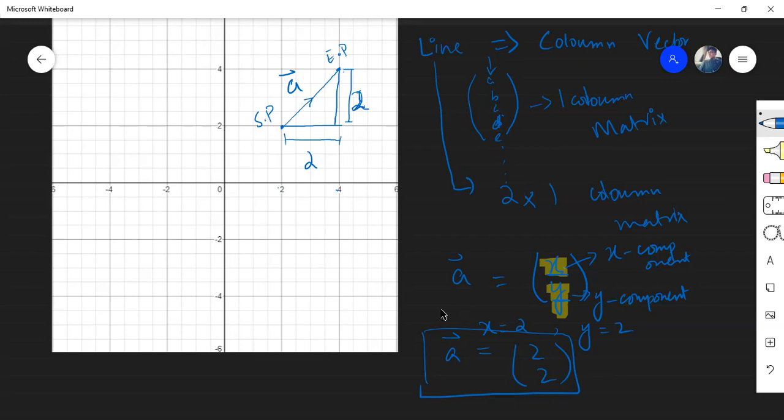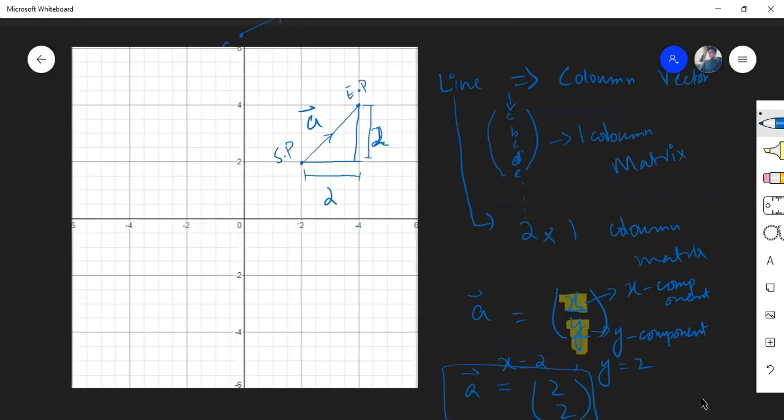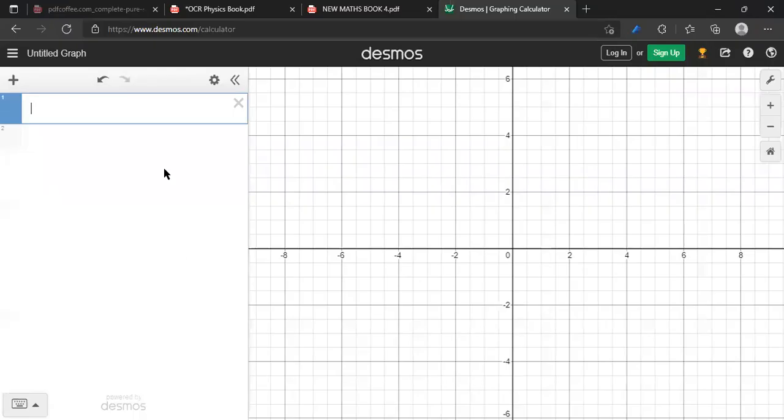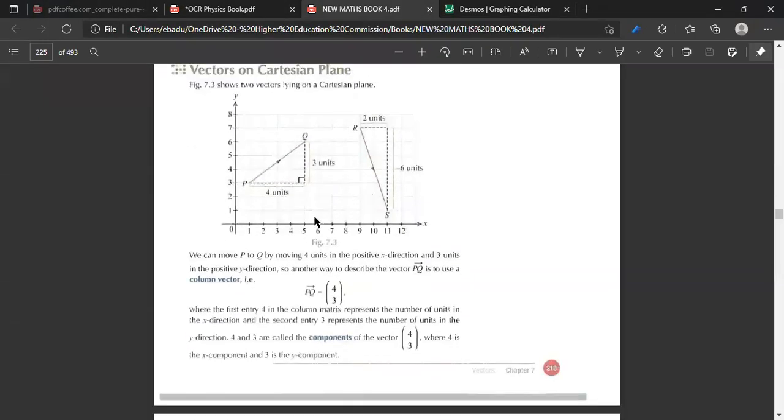Okay. So now let's do another example. Let's look at the exercise. So we do some examples so that you know about it. You see on the horizontal plane, it's always the x component, and in the vertical plane, it's always the y component.